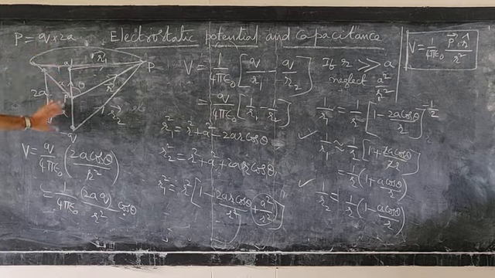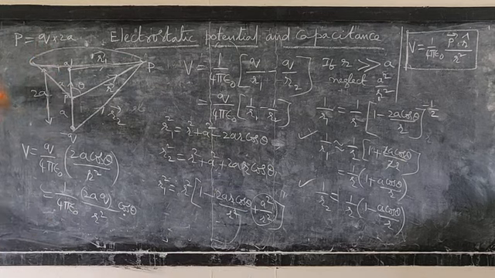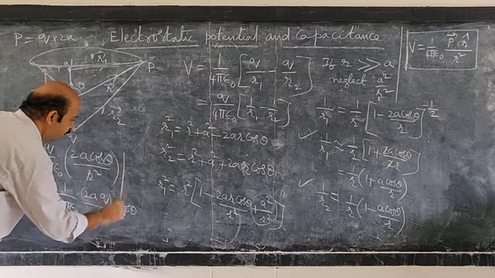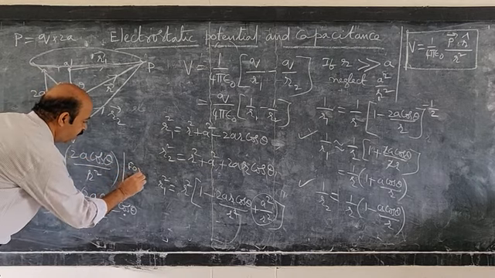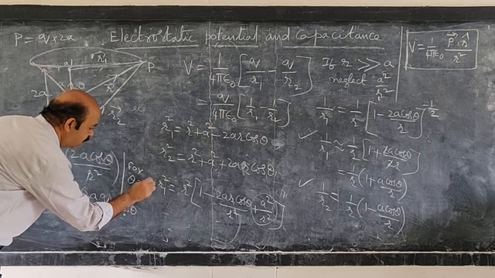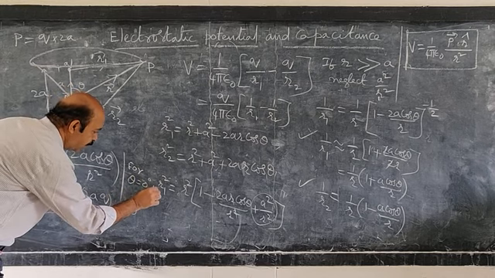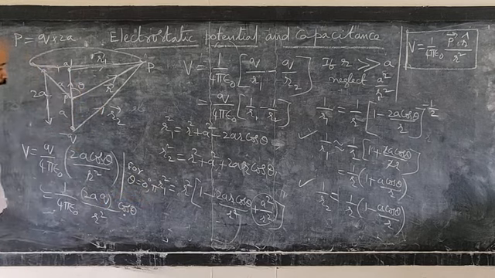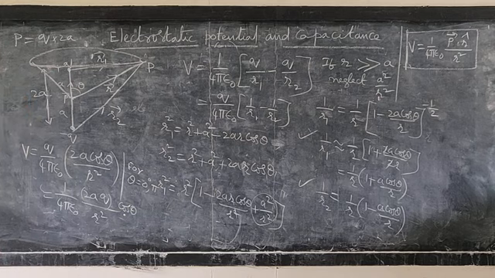Therefore, the potential will be maximum along the axis of the dipole. So for theta equal to 0 degrees or pi radians, the dipole potential is maximum.